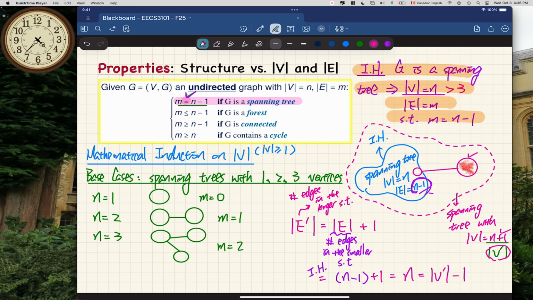So what we have shown is this: the number of edges in this strictly larger spanning tree is exactly equal to the number of vertices in that strictly larger spanning tree minus 1. That's what we have shown. And to really show that, we have to use the inductive hypothesis right here.